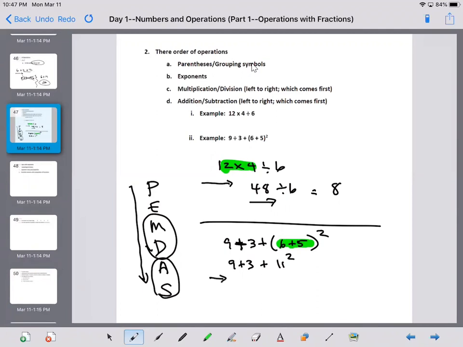Am I going to do the addition or the squaring part? I'm going to do the exponent. So that'll be 9 plus 3 plus 121, which is 11 squared. Remember, that's 11 times 11, not 11 times 2. And so now going left to right, I can say 12 plus 121 and get 100.